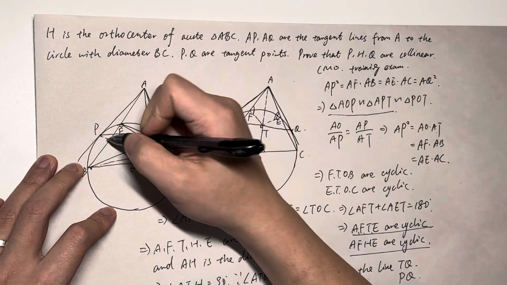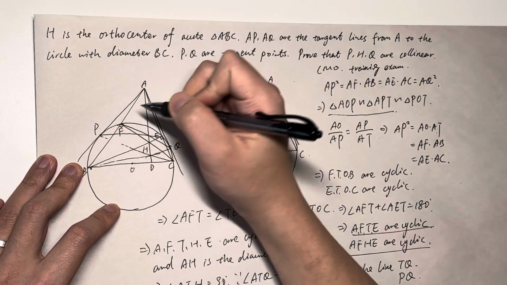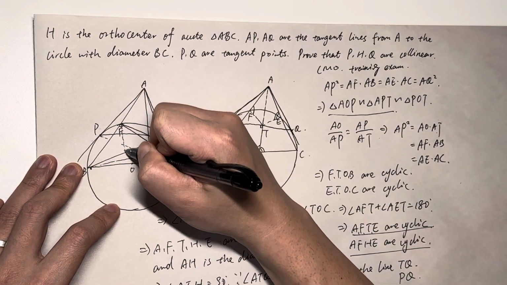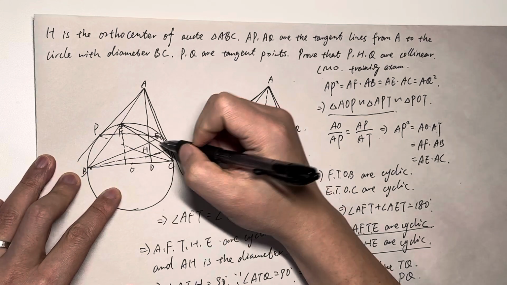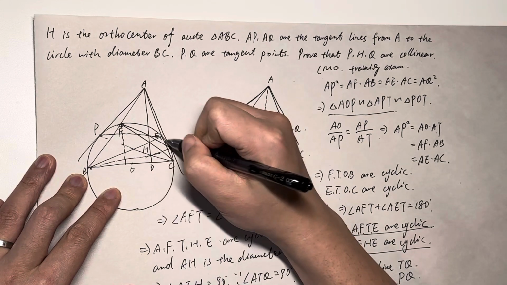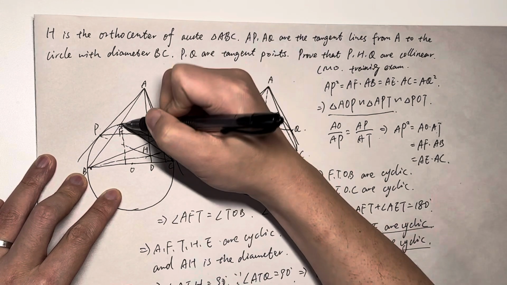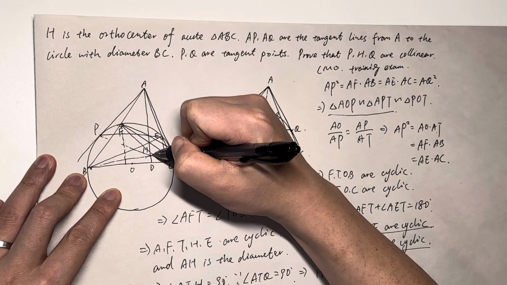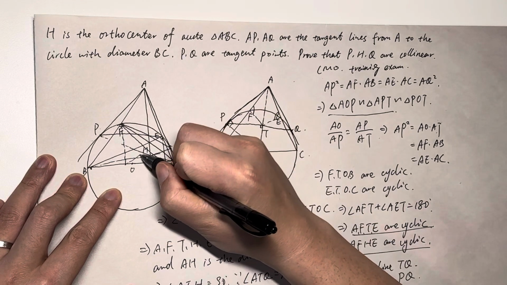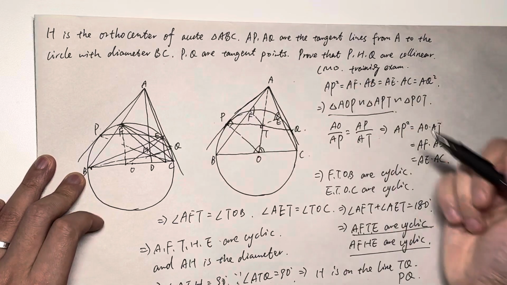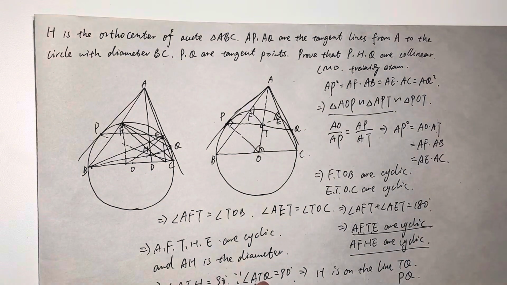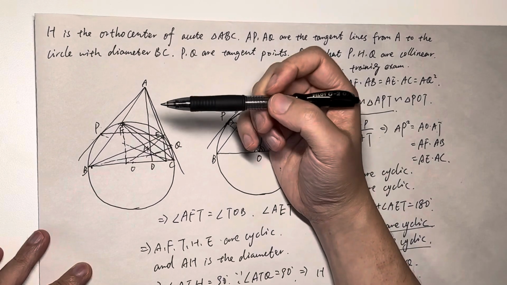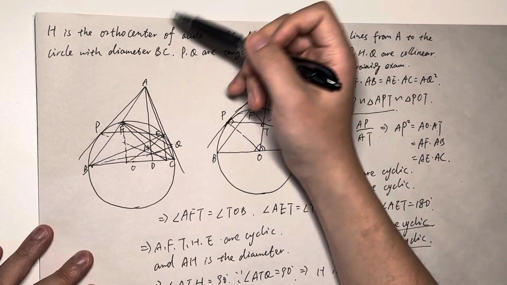And you can also find the projection of F to BC and the projection of E to BC, and you can prove that this connection and this connection are concurrent on AD. Right? This problem can make it very, very complicated, with a lot of analysis of lines.